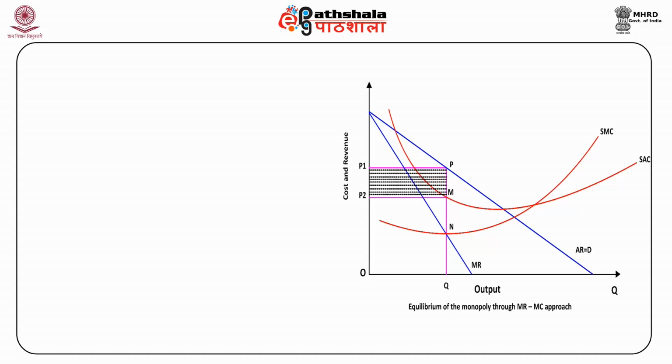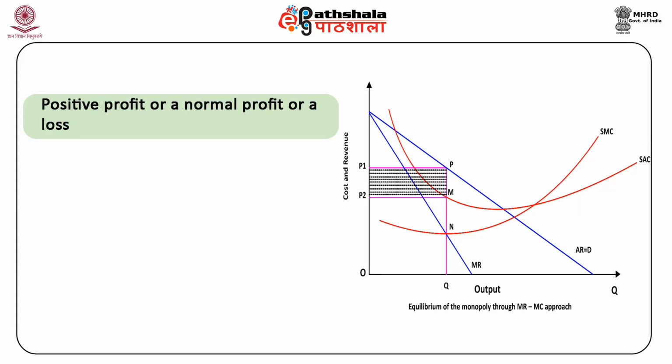Now, in order to find out whether at this point the monopolistic firm earns a positive profit, a normal profit, or a loss, we draw SAC, and the point where it cuts the PQ line, that is, point M, shows the cost of producing OQ output.